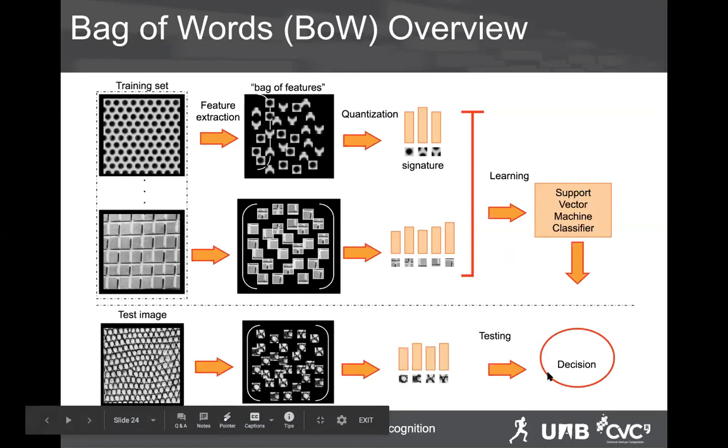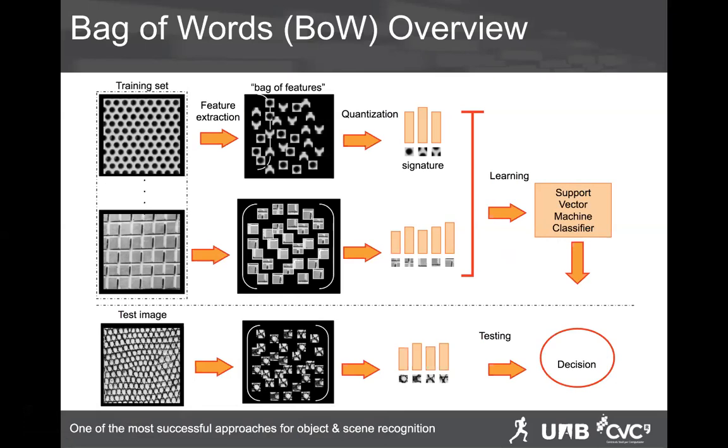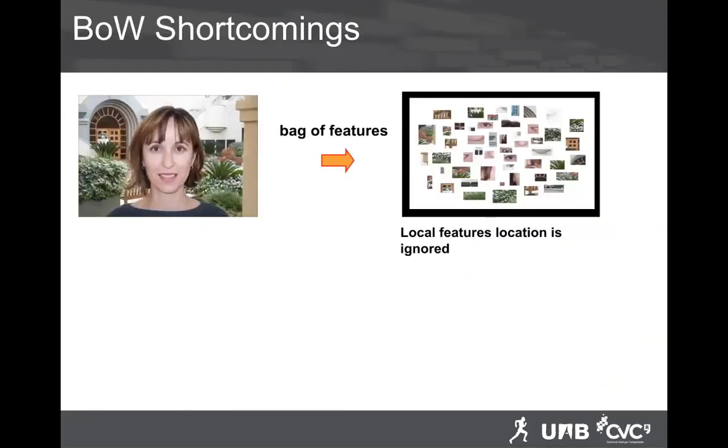It will give us a probability that this image is a person or not. Let's say if the image is a face with 90%, we will trust that this image is a face, not a car, for example. So this is briefly the bag of words, which is a standard technique in classification.